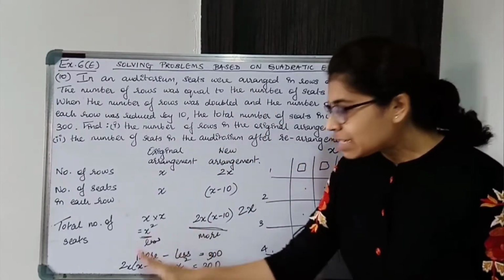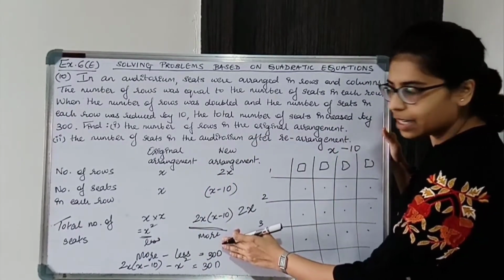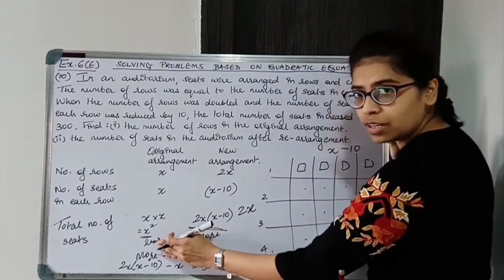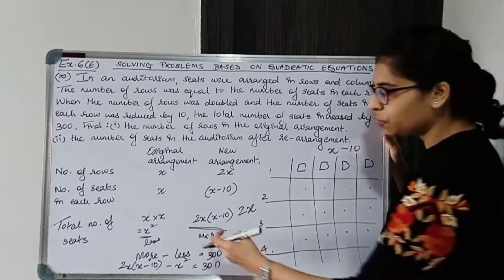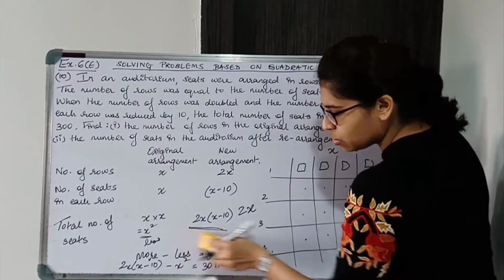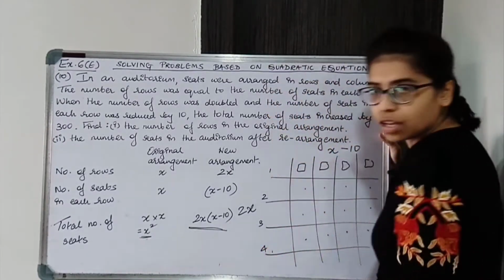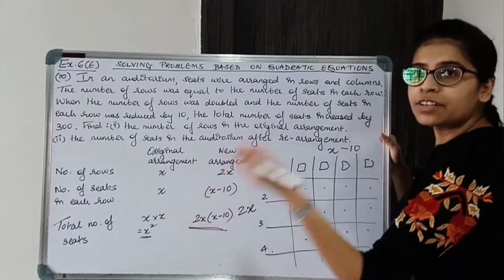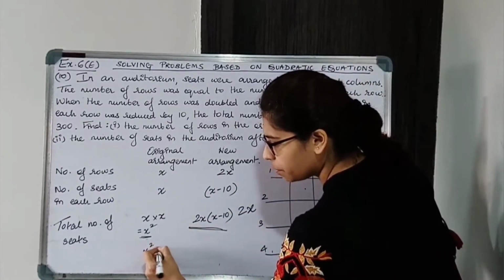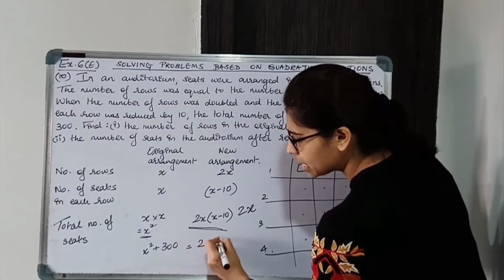Now if this is a little difficult, what you can do, यहाँ पे ज़्यादा seats हैं by 300. So original में 300 add कर दें तो we will get these many seats. So if this is not understandable, what you can do, original seats से 300 ज़्यादा is equal to these seats. So X square plus 300 is equal to 2X into X minus 10.